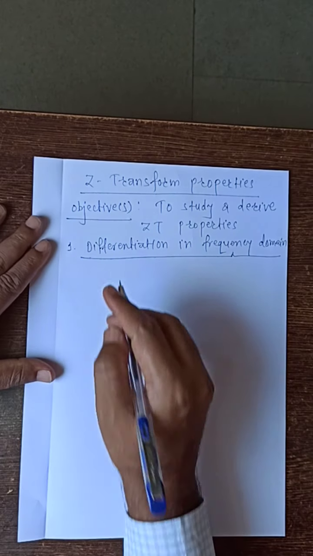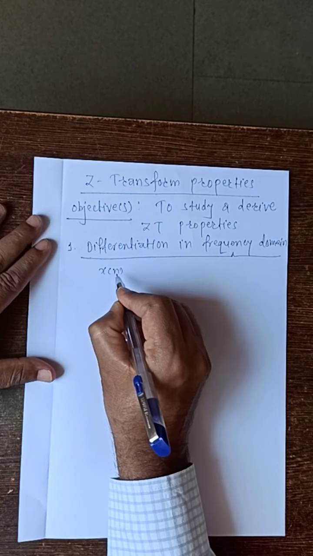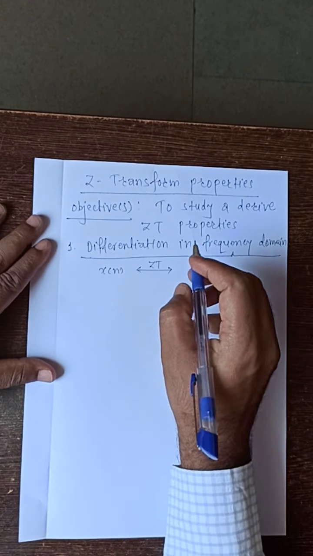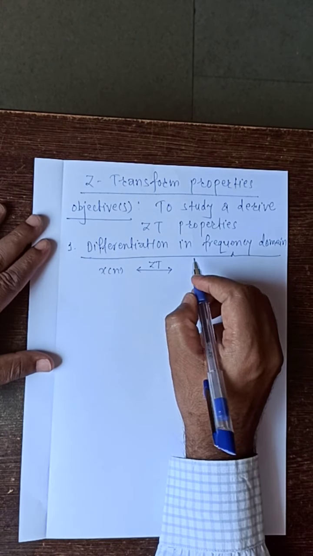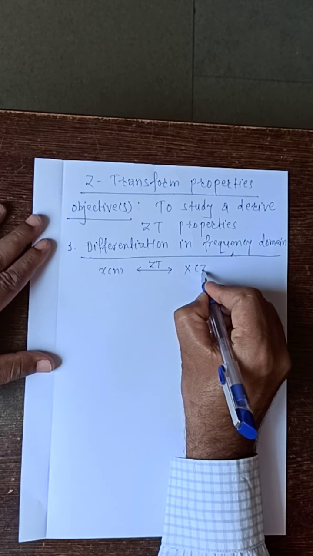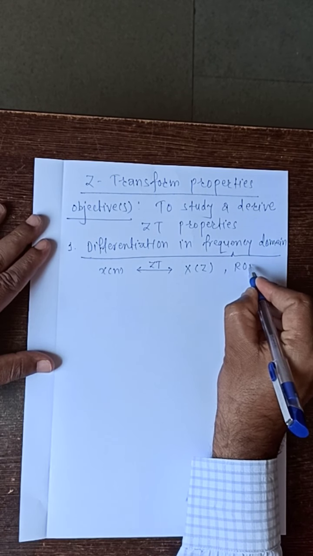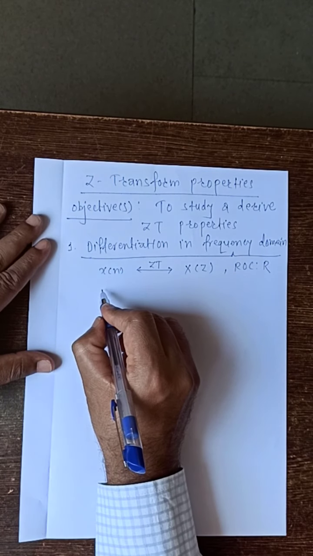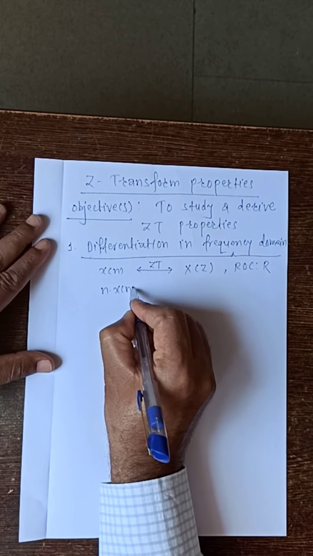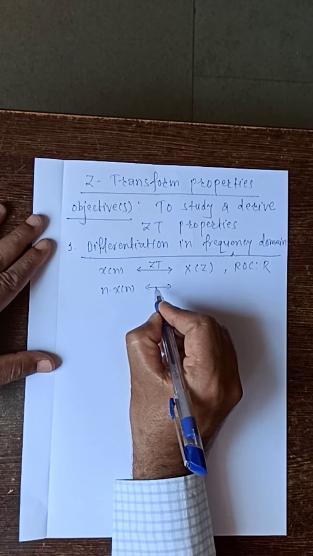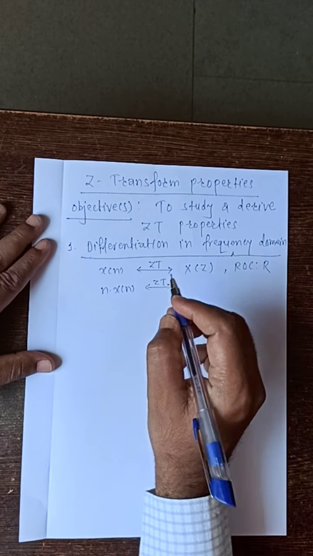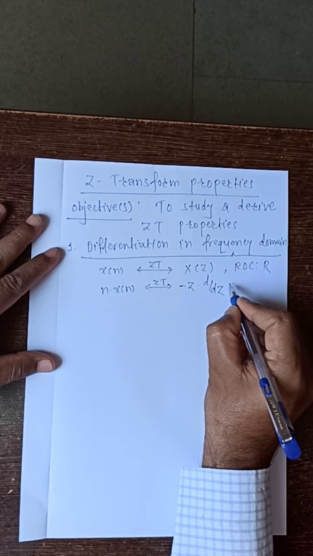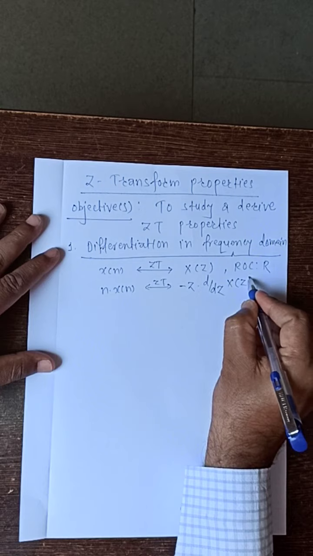Now let us consider x[n] is the signal, that is the sequence, that is a discrete-time signal. Its Z transform is represented as X(z) with ROC equal to R. Then this property says that the Z transform of n into x[n] is nothing but minus z d by dz of X(z).